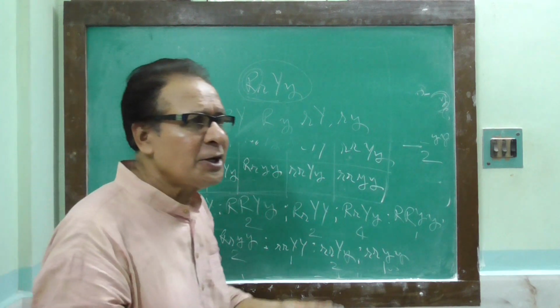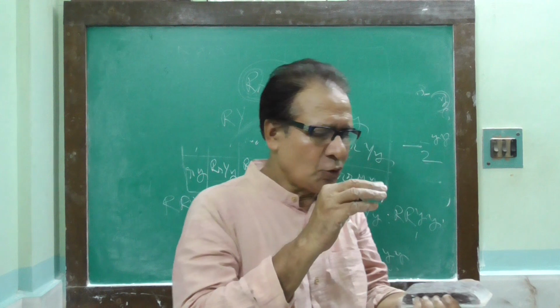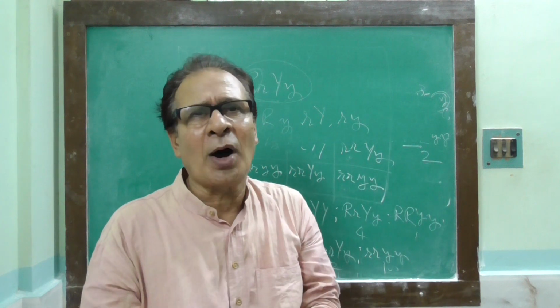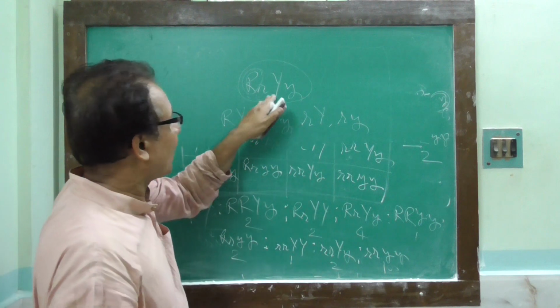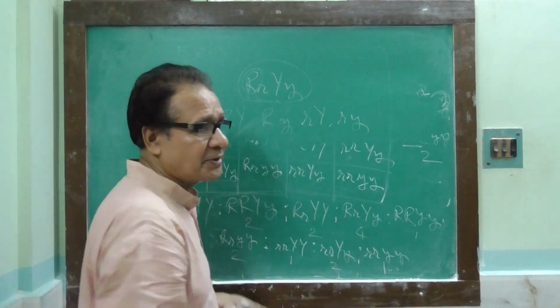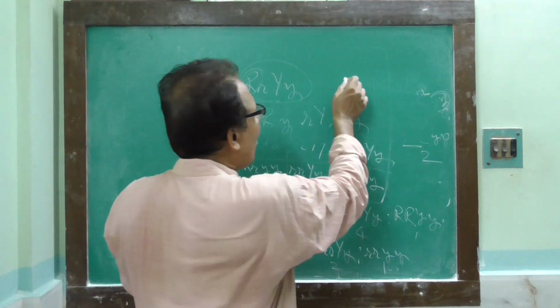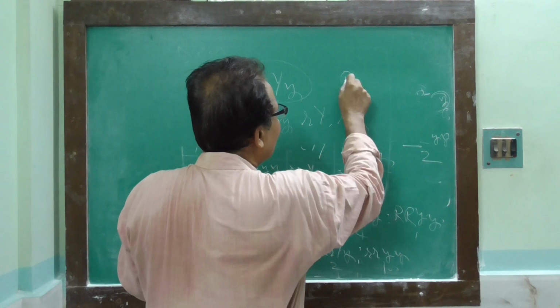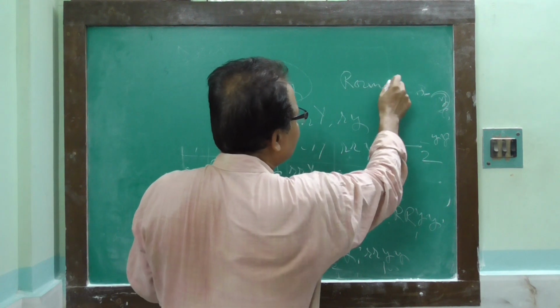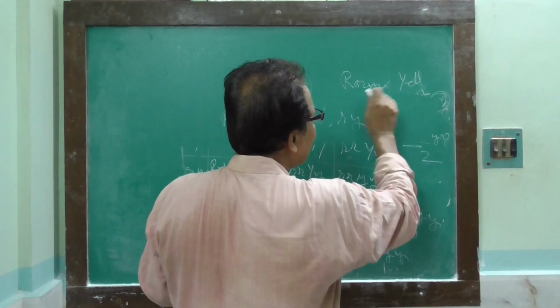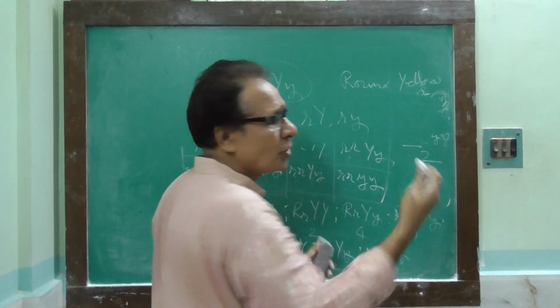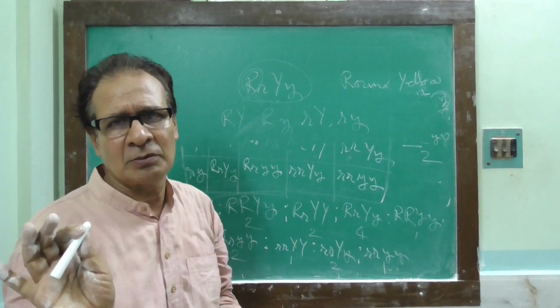That is, in monohybrid cross, you see the tall and dwarf, they express separately. But in case of dihybrid cross, 2 pairs of characters are present, and one pair is the round, another pair is the yellow. Round cannot influence the yellow, or yellow cannot influence the round.